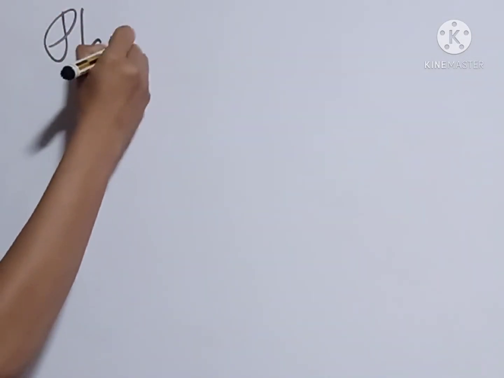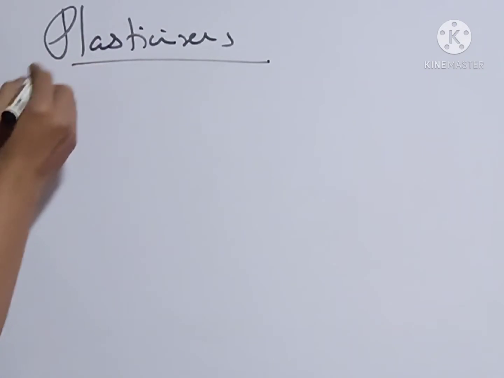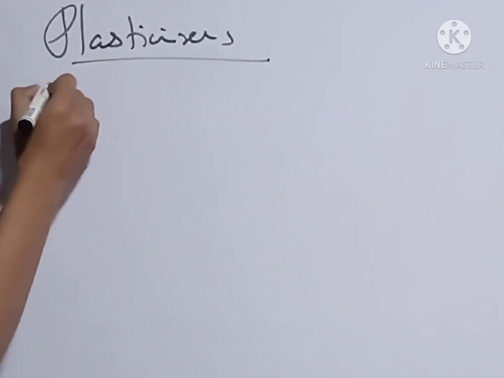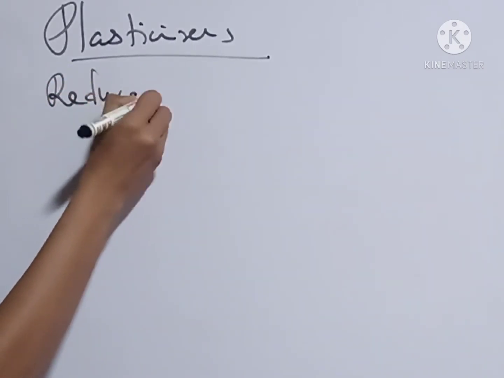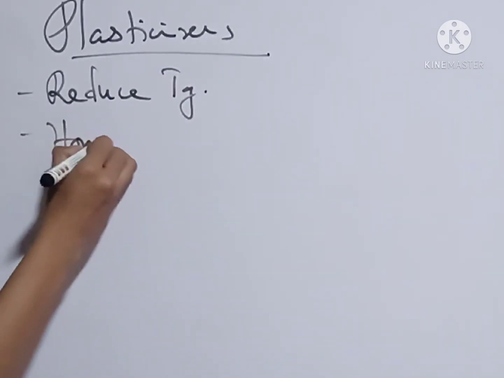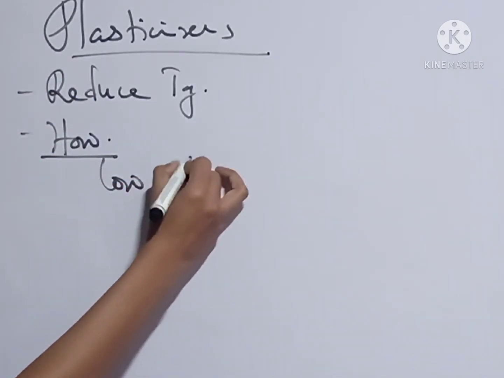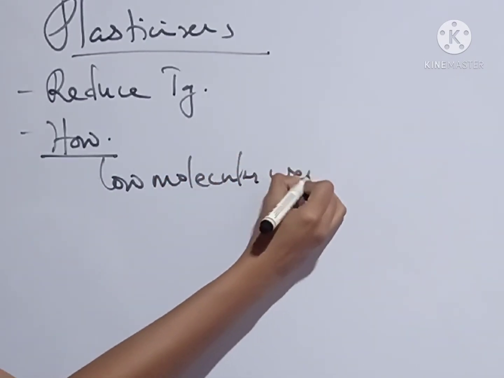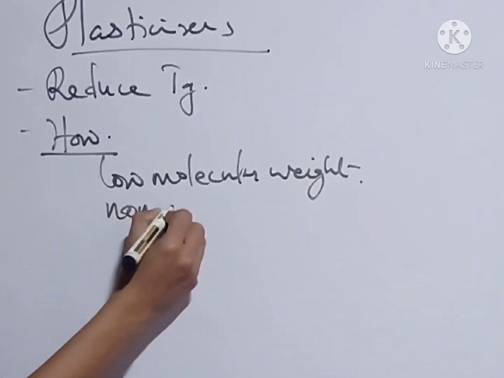Then we have to familiarize one more word along with glass transition temperature, that is plasticizers. Plasticizers are substances which help to reduce the glass transition temperature. How? Actually, plasticizers are low molecular weight, non-volatile substances.